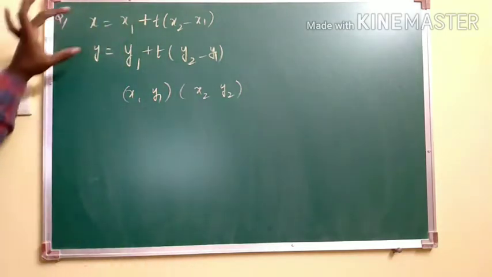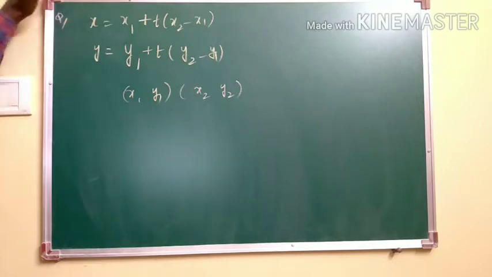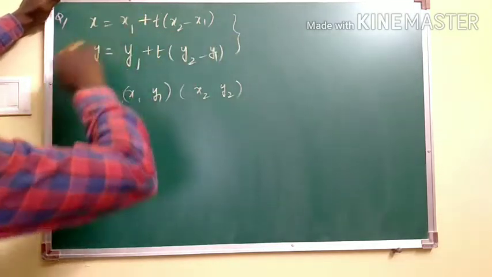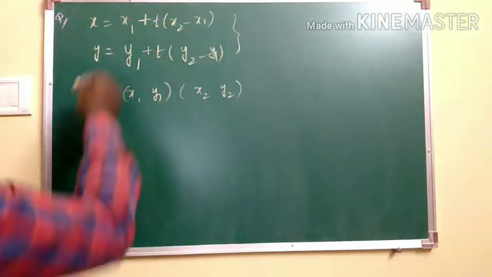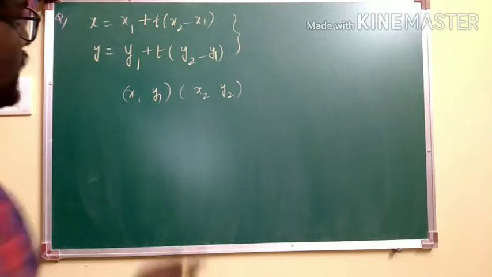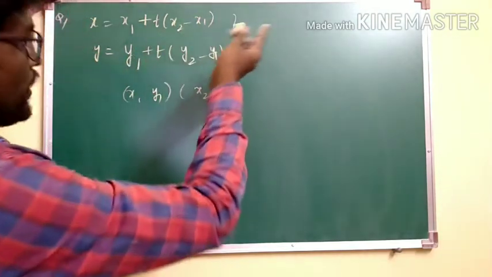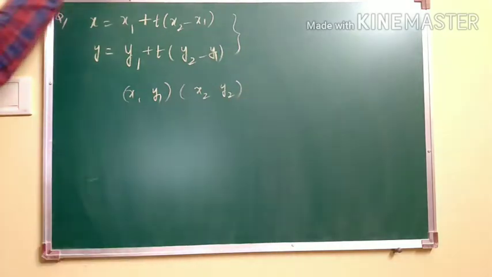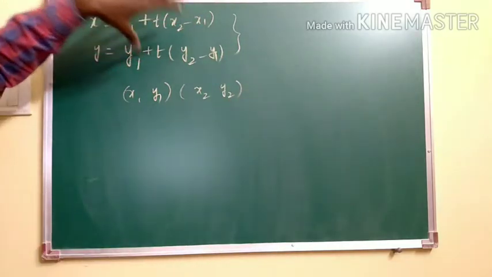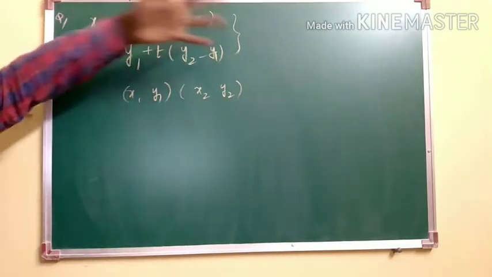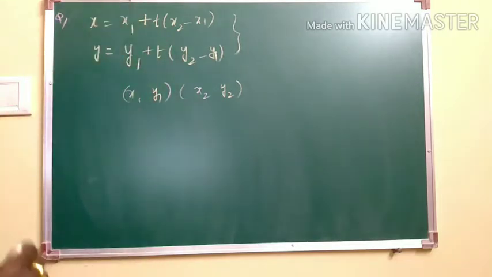Means this point, x equal, actually it is a coordinate given in the form of equality of x and y. Nothing different here. It is the coordinate (x1 plus t into (x2 minus x1), y1 plus t into (y2 minus y1)). If this point divides the join of these two, then in what ratio? That's the question.